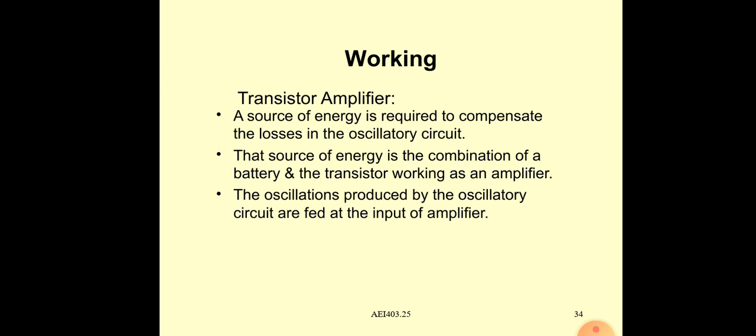Working of the transistor amplifier. A source of energy is required to compensate the losses in the oscillatory circuit. That source of energy is the combination of battery and the transistor working as an amplifier. The oscillations produced by the oscillator circuit are fed at the input of the amplifier.